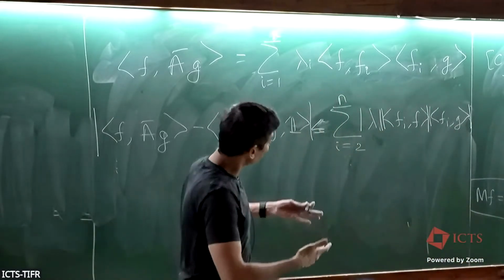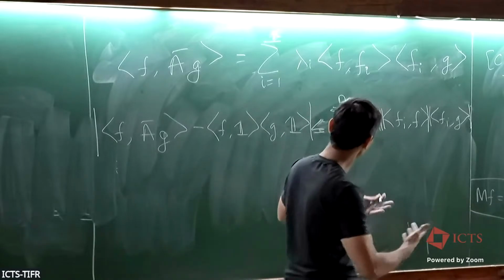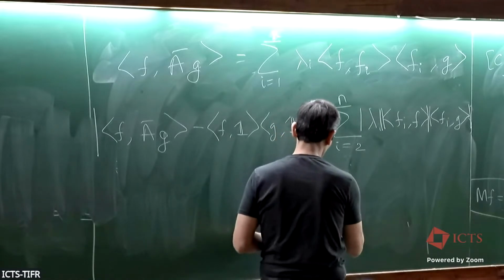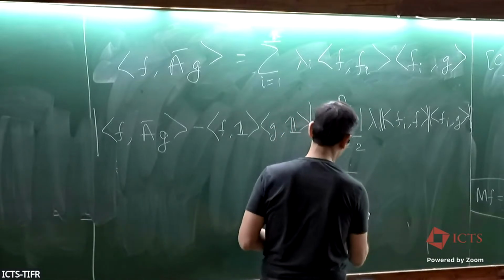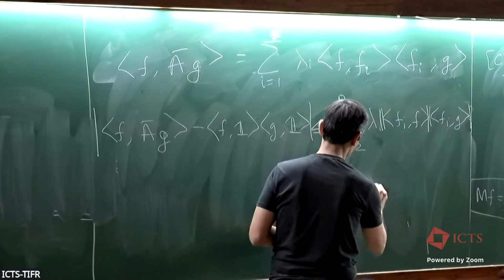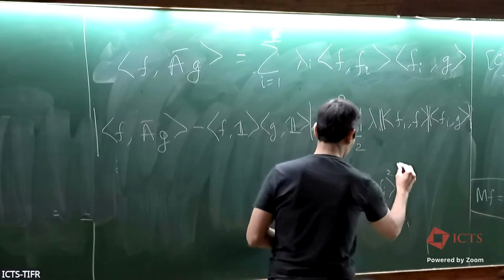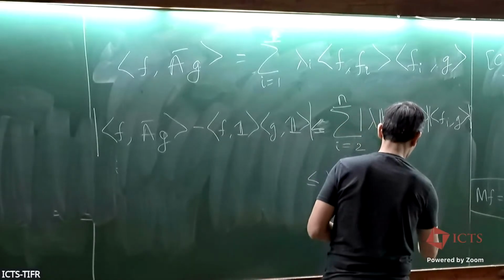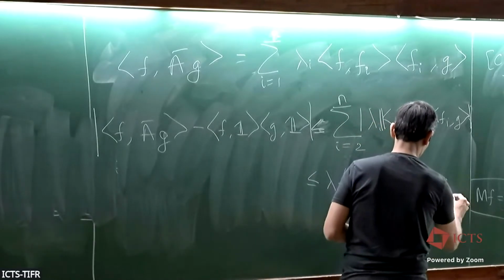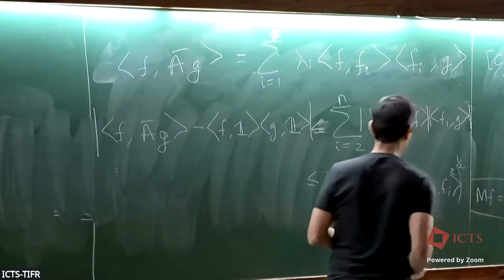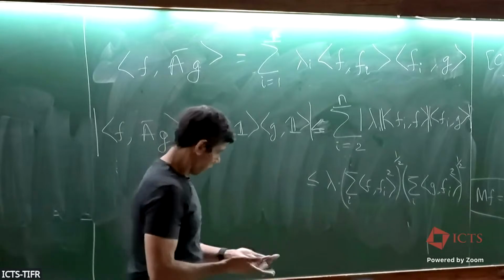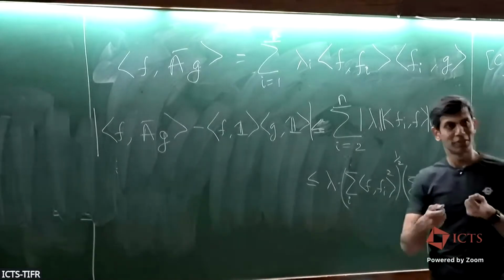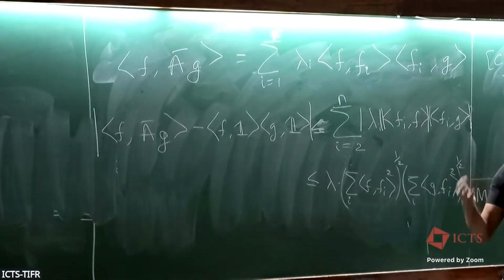And for the rest of the term, we have a product of two kinds of things. One way to handle it is Cauchy-Schwarz, so let's do that. So it's less than or equal to lambda times, let's apply Cauchy-Schwarz. Now, the Fi's, the eigenvectors, were an orthonormal basis for the space on which F and G live.